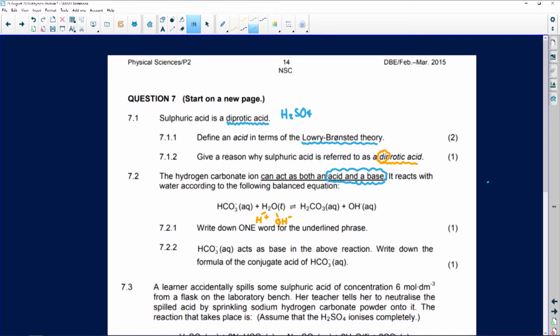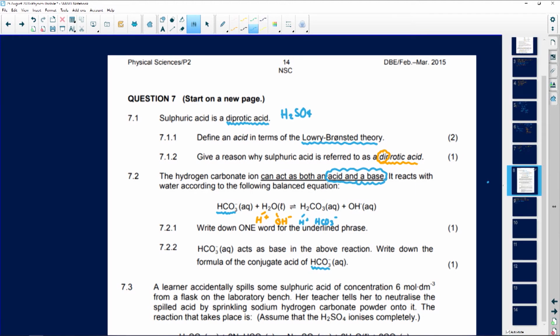If we were to read it in reverse, this means H2CO3 will dissociate into H plus and HCO3 minus. Now, this one is donating an H, acting as an acid, but in this case, it accepted, acting as a base. So that's why it's called the conjugate acid-base pair. And now they want us to find the conjugate acid of HCO3 minus, which is H2CO3, and that is the conjugate that we're looking for.